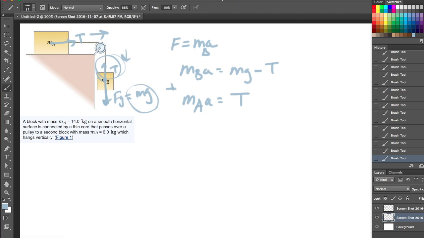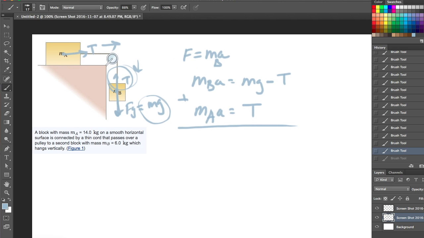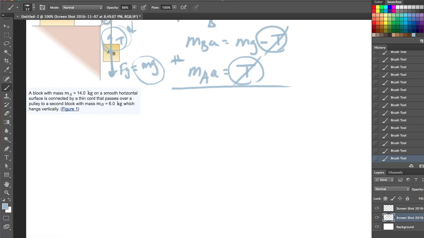Since we're solving for acceleration in the system, we can add these two equations together, and the tensions cancel out.